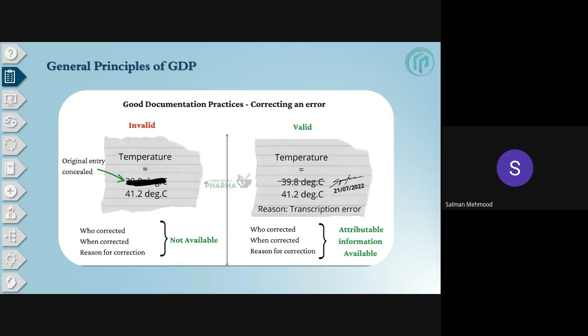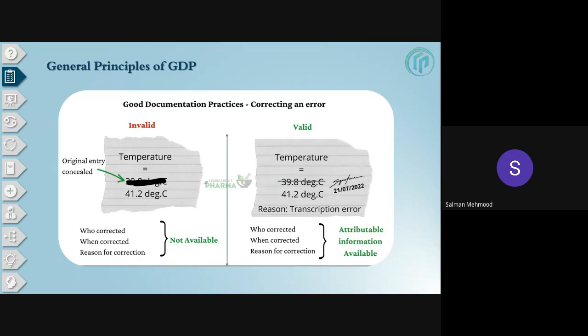Now let's talk about correction. Mistakes usually happen as we are human, but how we correct the mistake shows our integrity. Like one is: strike through, reason, signature, and date.